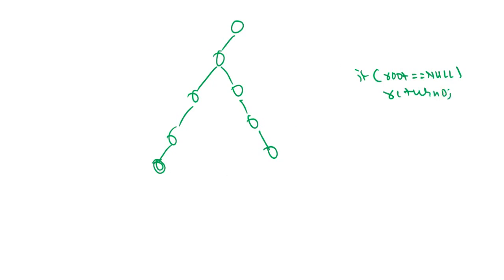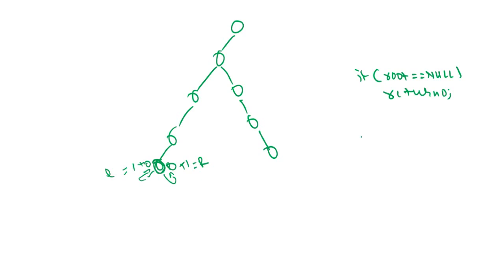So its left part is 0, so I will return 0, and the right part is 0, so I will return 0. But this node is 1. This node is not counted until now, so I will count this as 1. So left will become 1, and in the same way, plus 1, right will be 1.